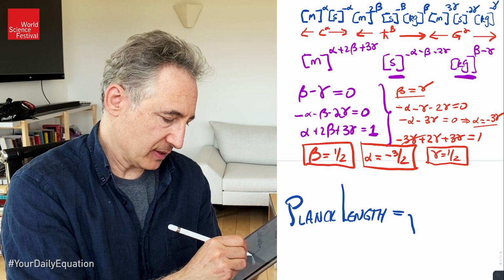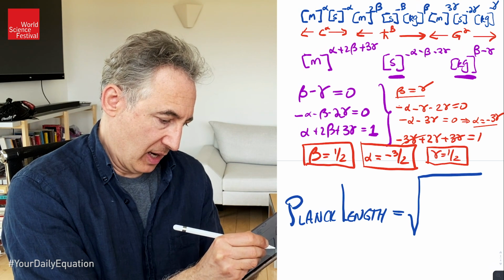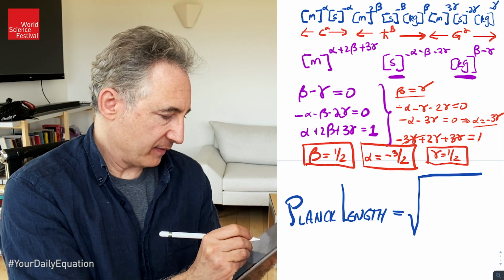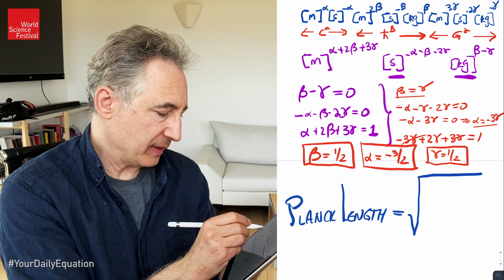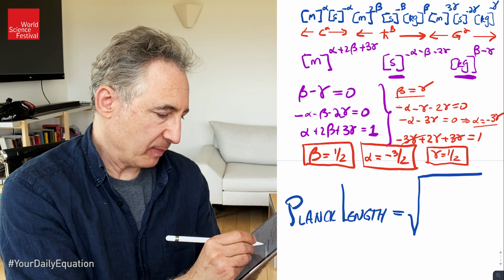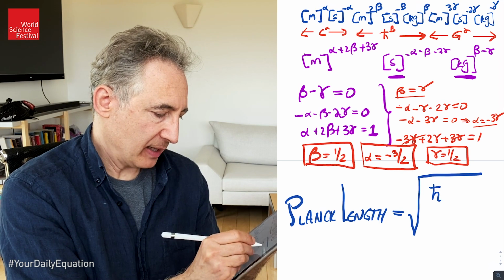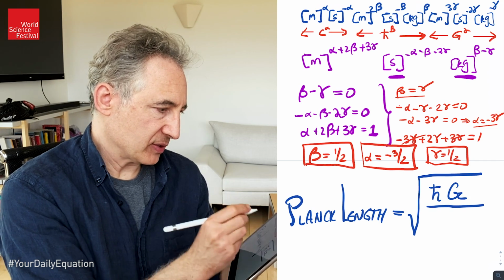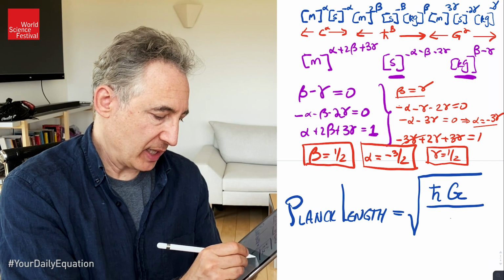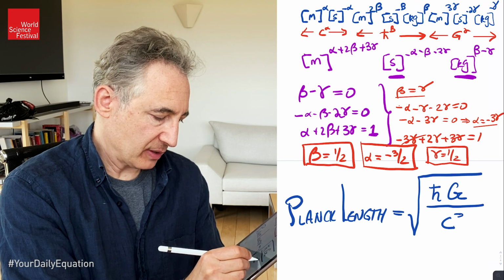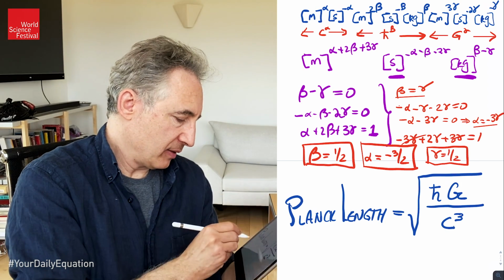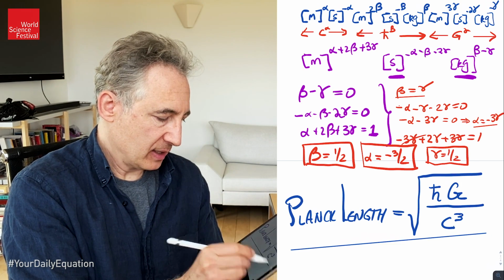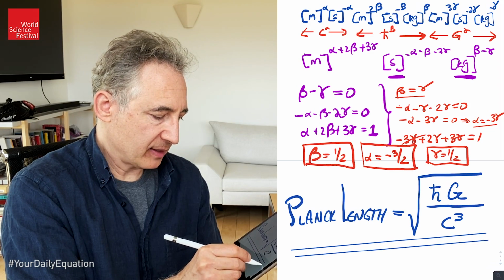That means that I will have a square root. So I'll just do the half part for all of them. So the beta and the gamma give me the H bar and G upstairs, square root of H bar G. The alpha, which is associated with C, it's minus 3/2, which is a 3 downstairs. And there it is. There is the formula for the Planck length.